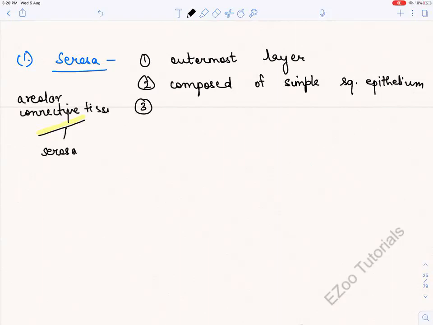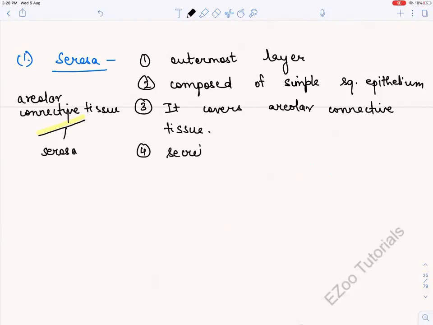So it covers areolar connective tissue. And you know why we call it areolar connective tissue? Because it appears like having air. And what is it secreting?